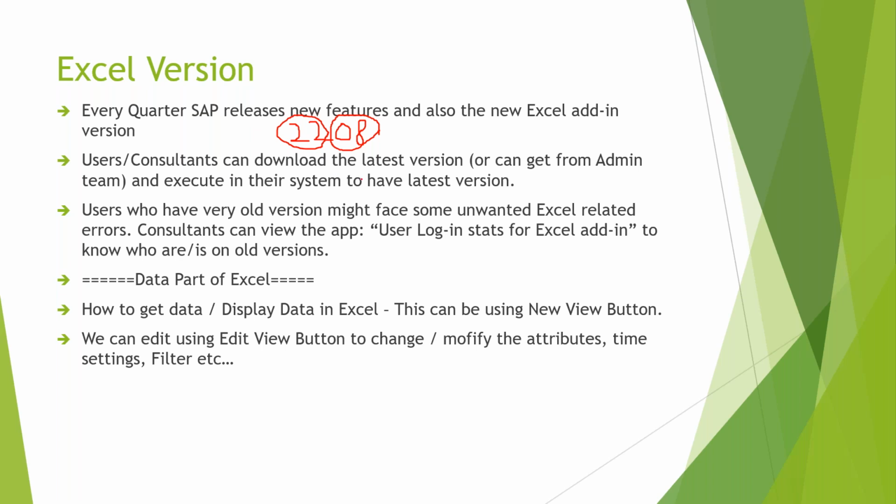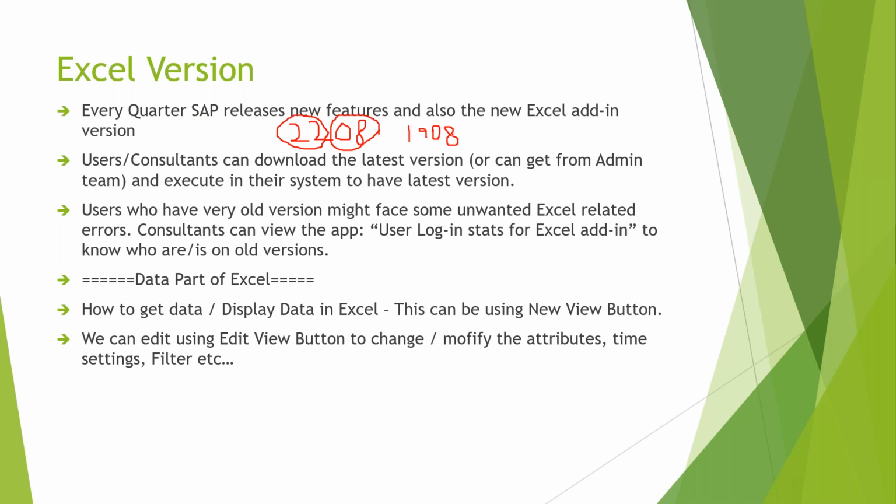We should not have a very old version, because if we have a very old version, let's say the version belongs to 2019, then that may not support some of the features.